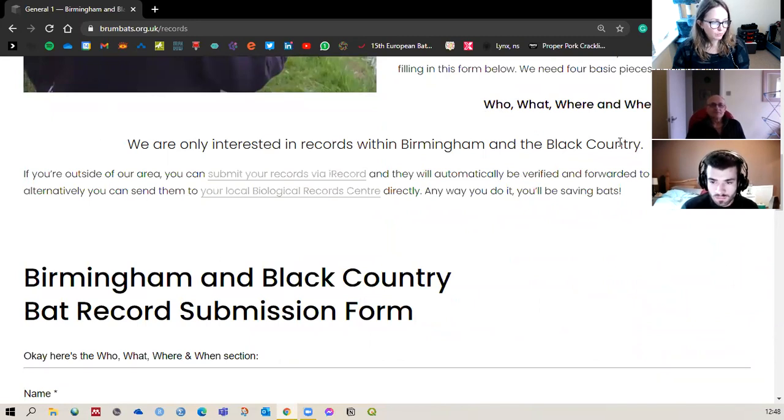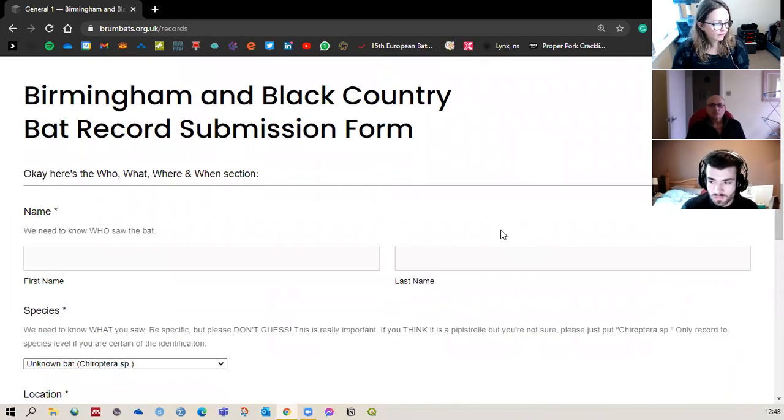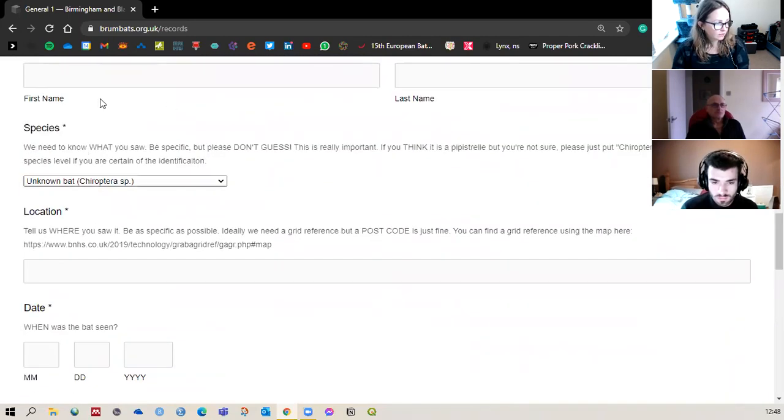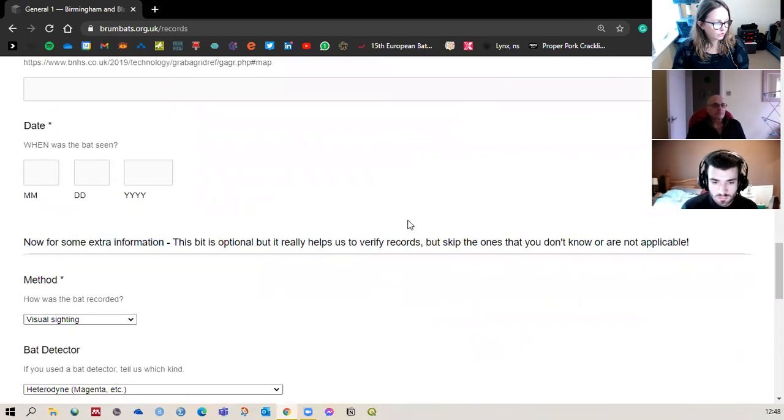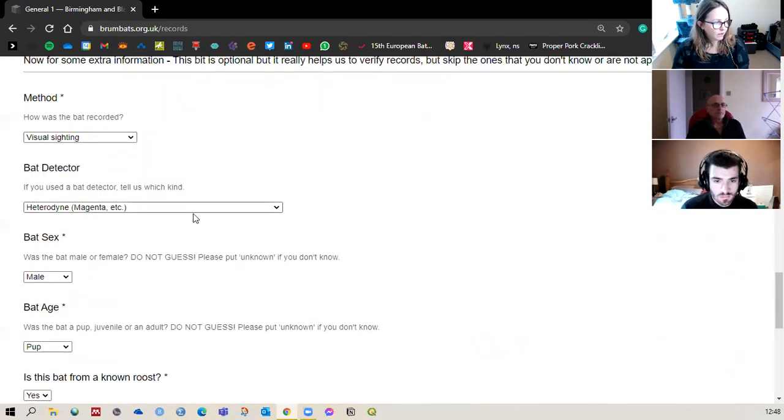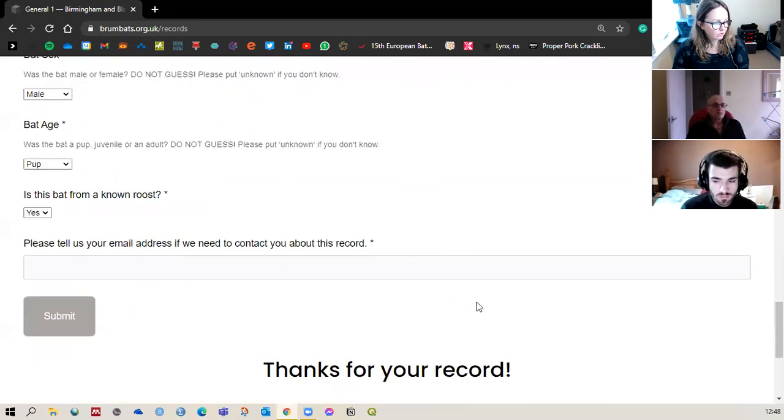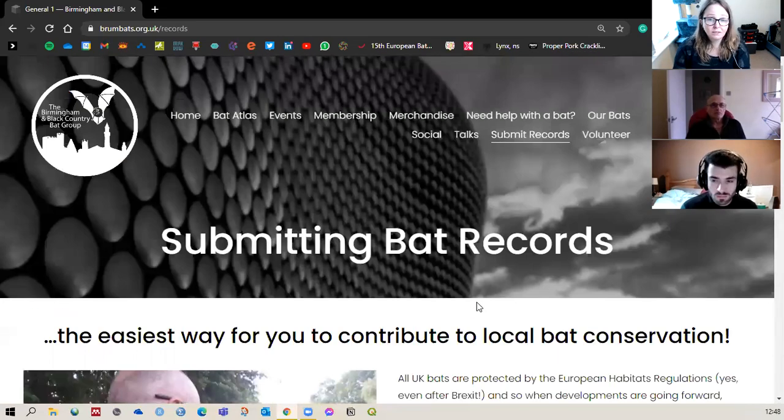We're only interested in Birmingham Black Country records, and then there's a link there to iRecord. And there's a link to finding your local biological record centre if you're outside of the area. But basically, this is it: who you are, what you've seen, where you've seen it, and when you saw it. And all that does is populate a spreadsheet. At the end of the year, I drop that into MapMate, export it, and send it to EcoRecord, and then we get 500 quid.